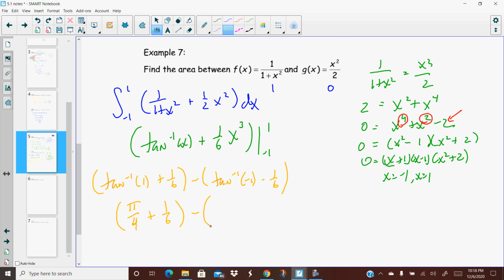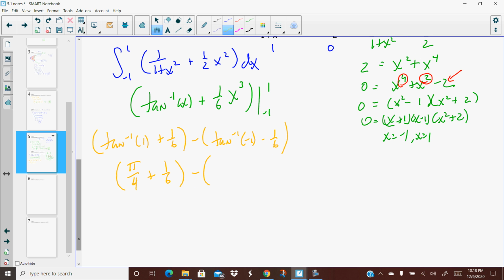Inverse tangent of negative 1 is saying tangent of what angle is going to give me negative 1. Now you do have to remember that inverse tangent has a restricted domain of only values between negative pi halves and positive pi halves. The right 2 quadrants, if you think about that, of the unit circle. So negative pi halves to pi halves.